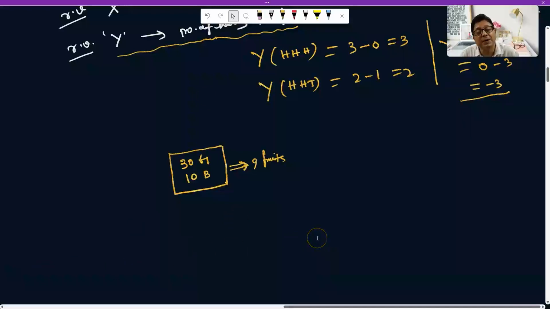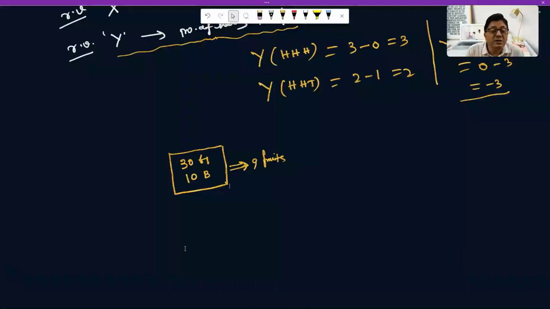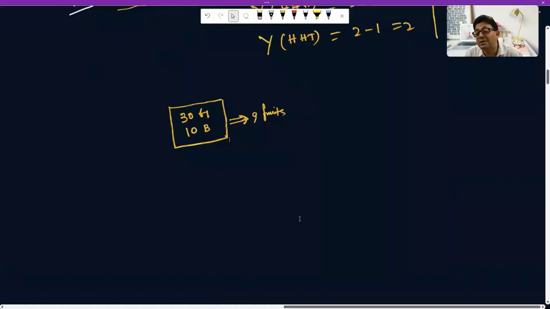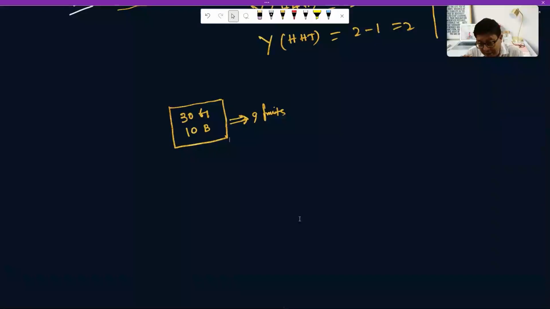Another example, let me take here. Suppose a person is asked to toss a coin or roll a dice, whatever you say. Condition given that it is a contest between you and your friend circle, a healthy contest.